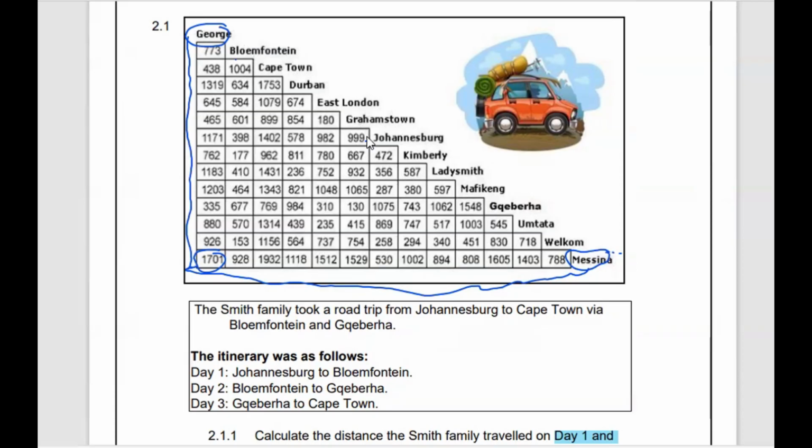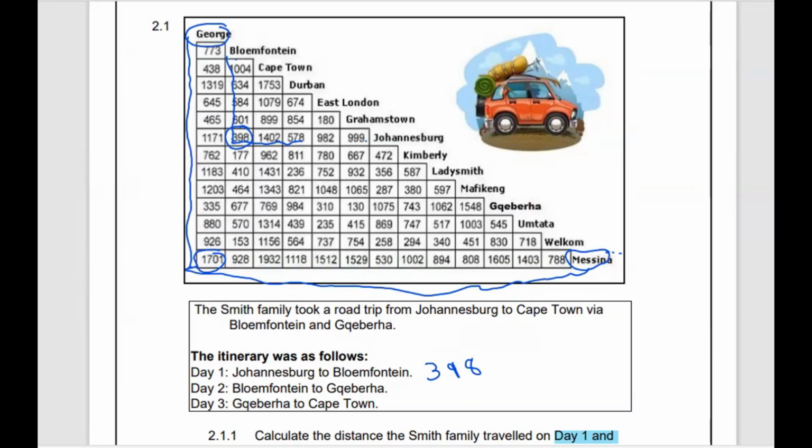We go down from Bloemfontein, then it intersects with Johannesburg at this place. So from Johannesburg to Bloemfontein, it is actually 398 kilometers.